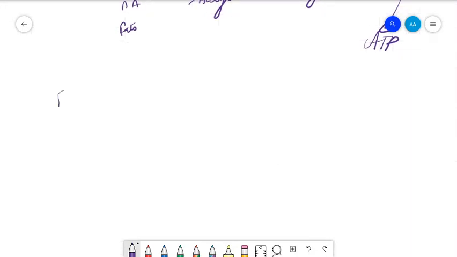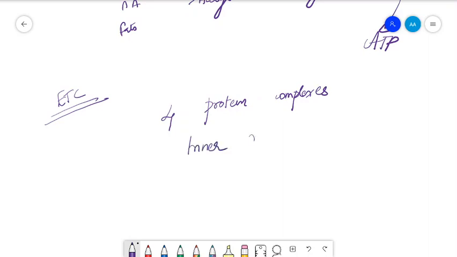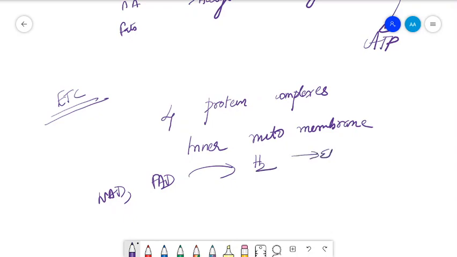The electron transport chain mainly consists of 4 large protein complexes. And what is the site of the electron transport chain? It occurs in the inner mitochondrial membrane. The reducing equivalents NAD and FAD are the hydrogen donors to the electron transport chain.